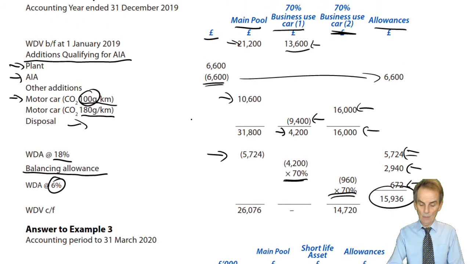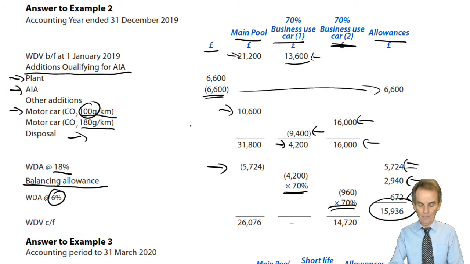Okay, do make sure again that you're happy with that. These are typical transactions that you would have to deal with in terms of an examination question. The only other thing, as I say, I could have added in there would be to have put a low emission car in, as well as cars, as you've seen, with emissions between 51 and 110 grams, and then in excess of 110 grams per kilometre.